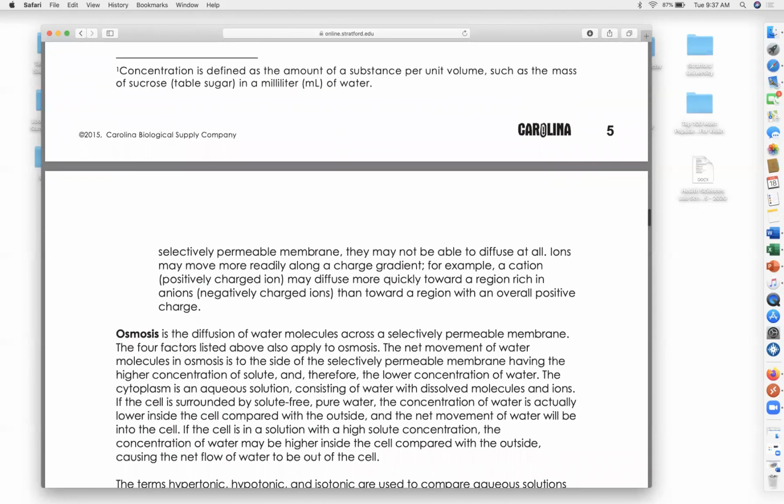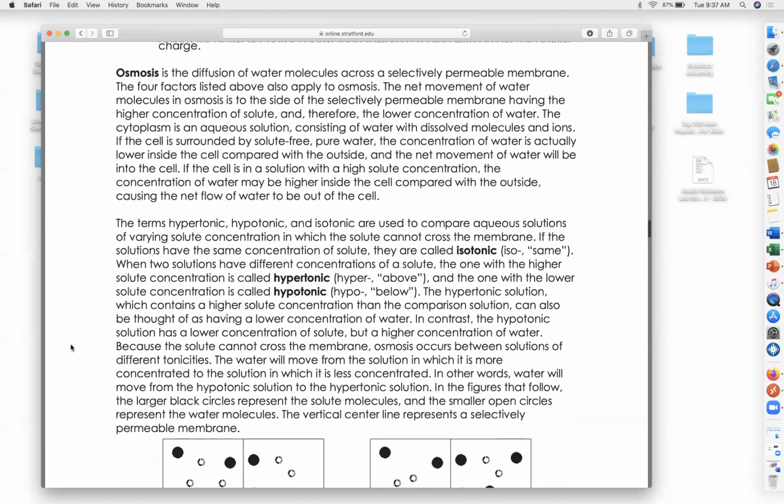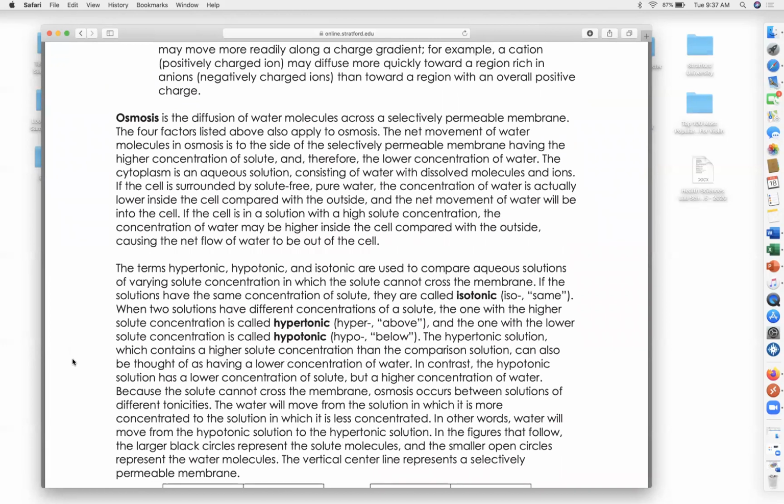Now, regarding the plasma membrane, I got to mention this. Osmosis. Now, what does osmosis mean? Here's an example on something called entropy, spelled E-N-T-R-O-P-Y. All the molecules in the universe want to spread out.